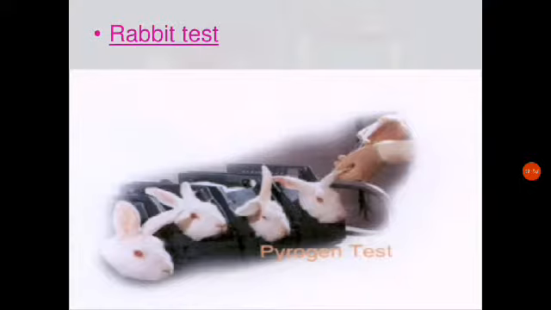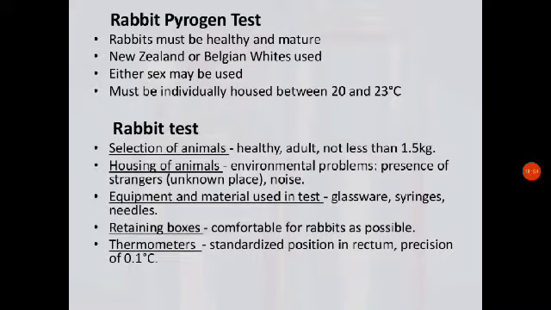So it is generally performed by two tests. One is called the rabbit test, and then the bacterial endotoxin test is also there. So in the rabbit test, the organisms used are rabbits, healthy mature rabbits.